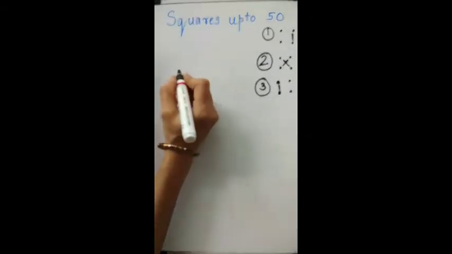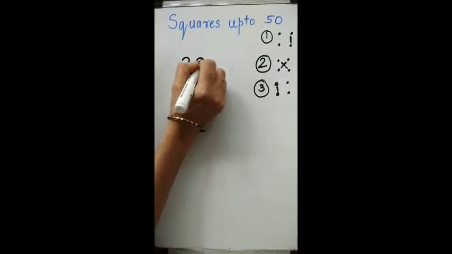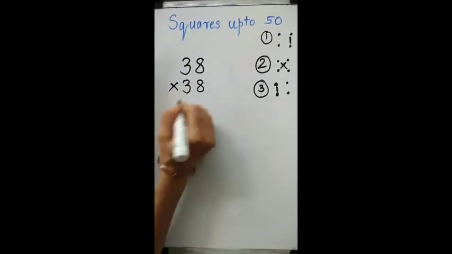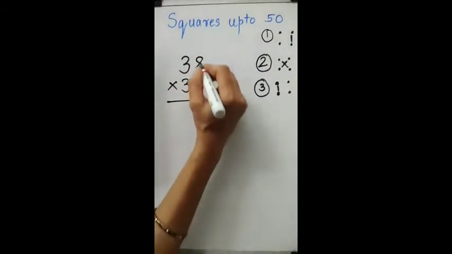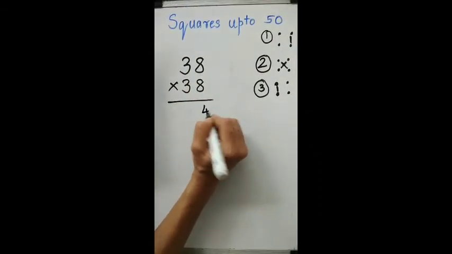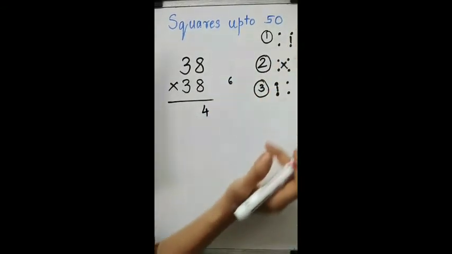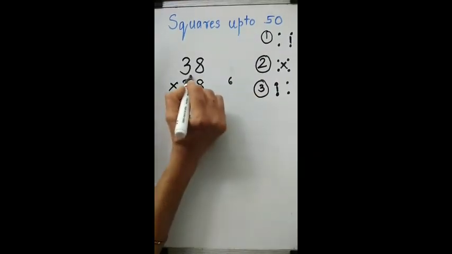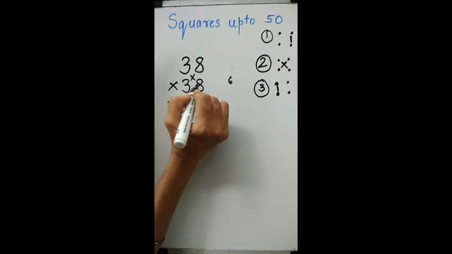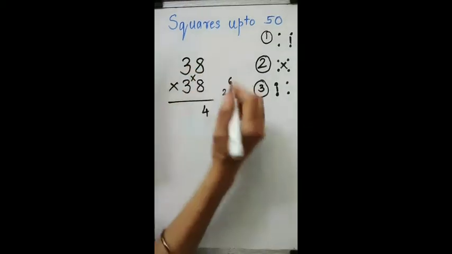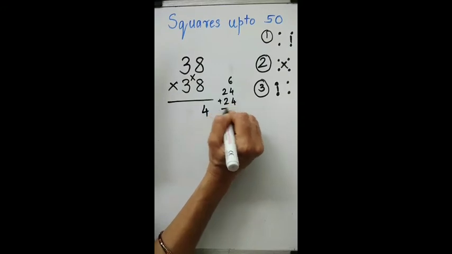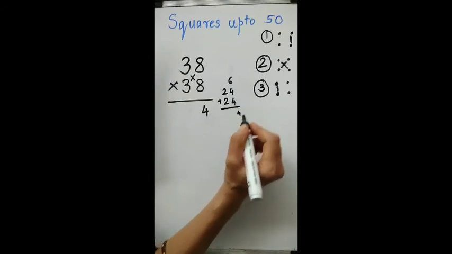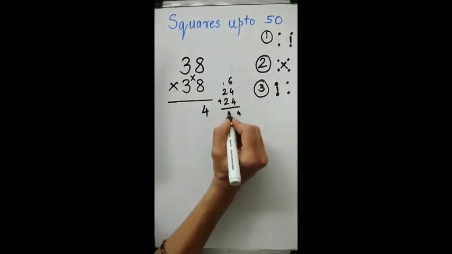Now we'll take the number 38. 38 into 38. Now 8 eights are 64. So carry 6. My first step says 8 eights are 64, then I carried 6. Now crisscross multiplication. 8 threes are 24, 8 threes are 24. Added to this 6, that will give me 6 plus 4 is 10, plus 4 is 14, 2 and 2 is 4 and 1 is 5.